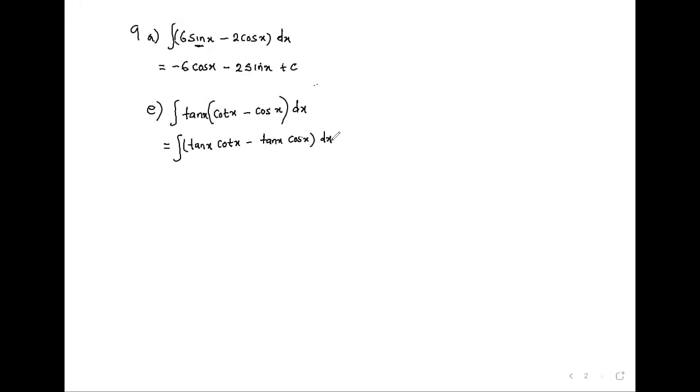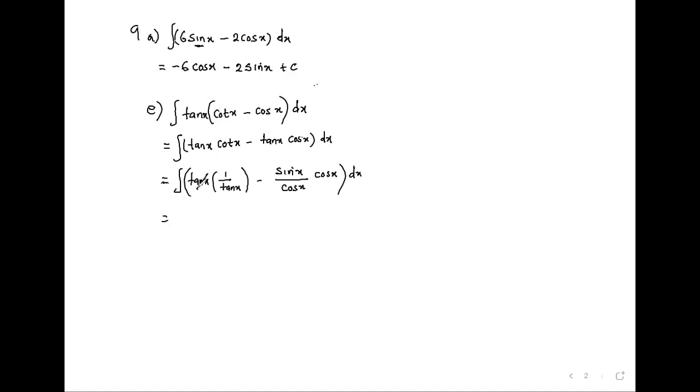Like that. And then from there, we understand that this can be written, just for us all to see, cot is like 1 over tan. Tan is sine over cos. Then we are multiplying it by cos, and then this is dx.